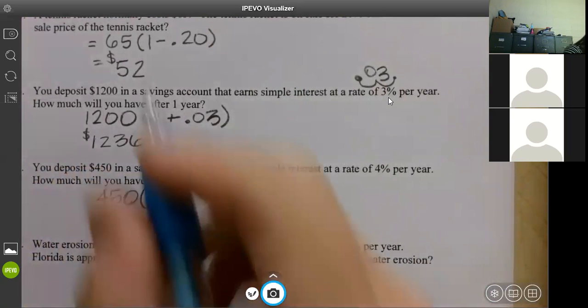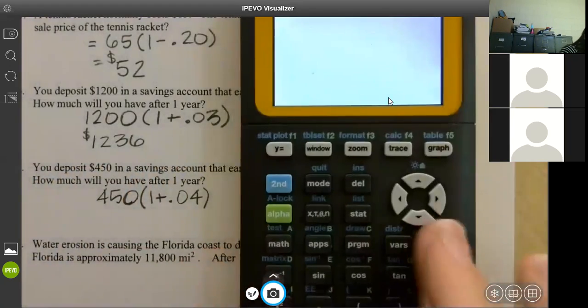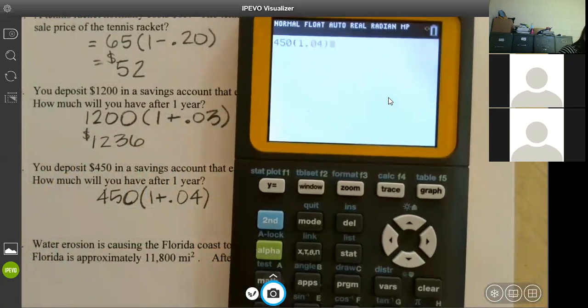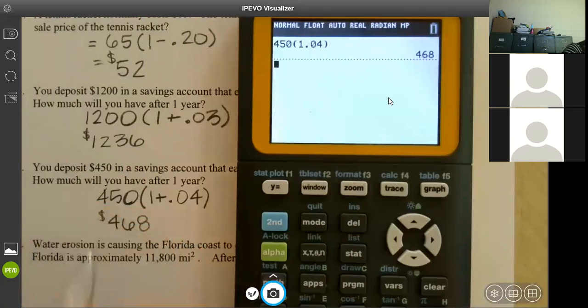How do I write 4%? 0.04. Put it in my calculator. 450 times 1.04 gives us 468. To get the next year, you would do 468 times 1.04. To get the next year, you do the next year's price times 1.04. We'll get to that soon.